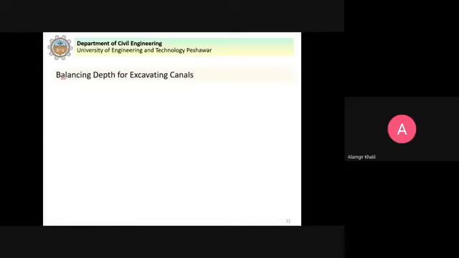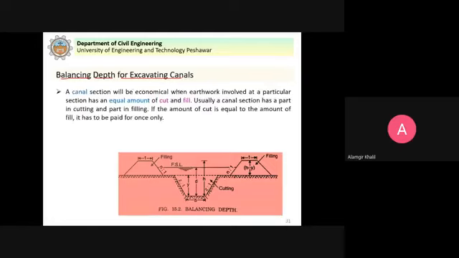Next we have balancing depth for excavating canals. A canal section will be economical when earthwork involved at a particular section has an equal amount of cut and fill.